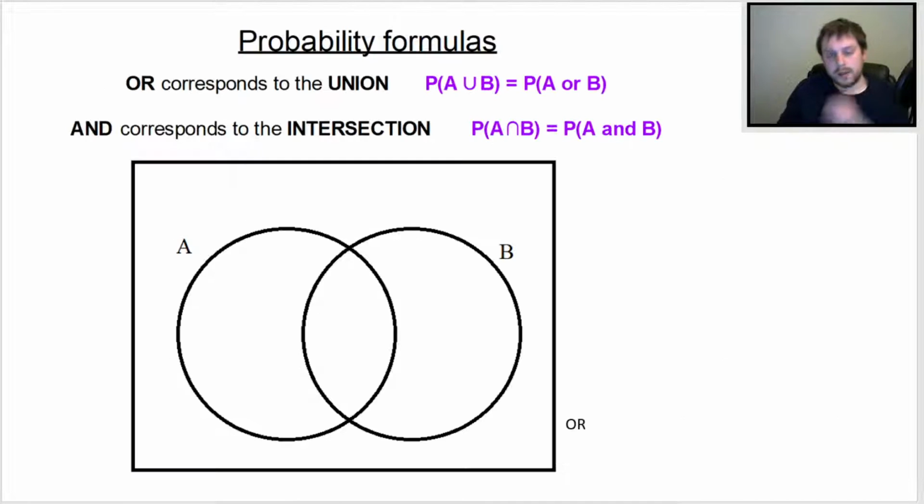So you want to put a little title, probability formulas, and you want to put a little reminder that the union symbol means or, and the intersection symbol means and. In terms of the shading on a Venn diagram, or is this whole thing here.